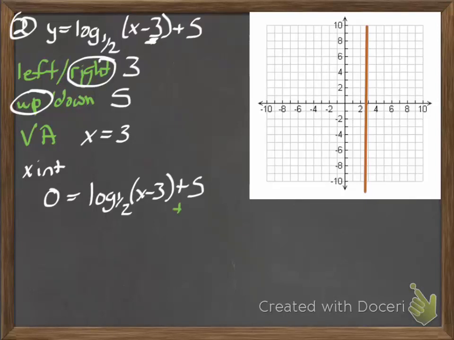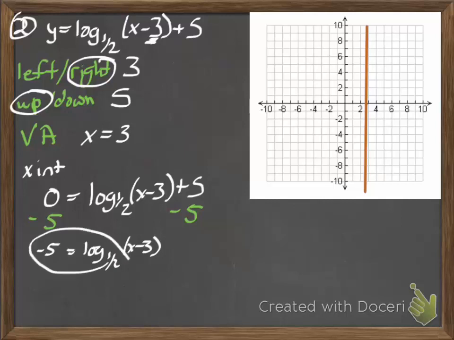So we need to get the log by itself. Oops, not plus 5, minus 5. Why is it? Because it's added, so I need to subtract. So -5 equals log base 1/2 of x minus 3. And then I'm going to fish it to solve it.